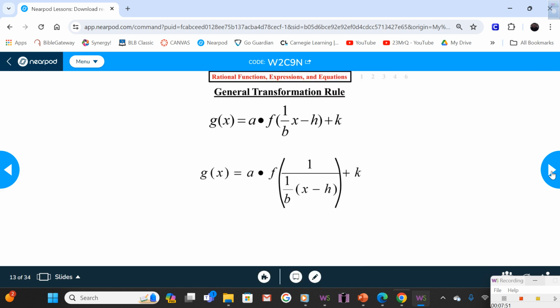And then we talked about the general rule, getting to this, and we said that H and K still do the same thing, right? Remind your neighbor how K affects the transformation of that function. What does K do? Up and down. How about H?